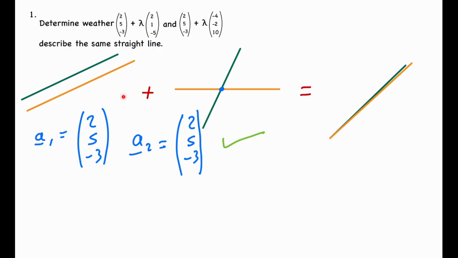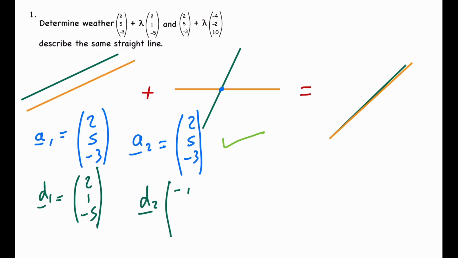Now all we have to do is check that they're parallel. So how do we do that? We look at the direction vectors. If the direction vectors are in the same direction but have different magnitudes, they are also parallel. For example, our d1 is (2, 1, -5) and our d2 is (-4, -2, 10).